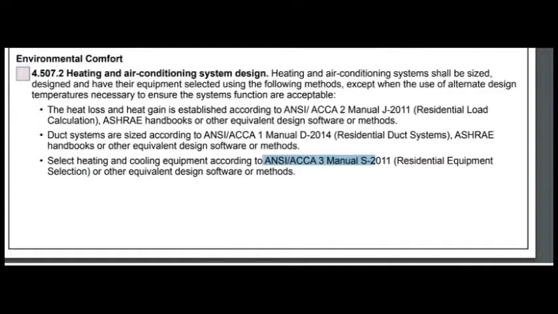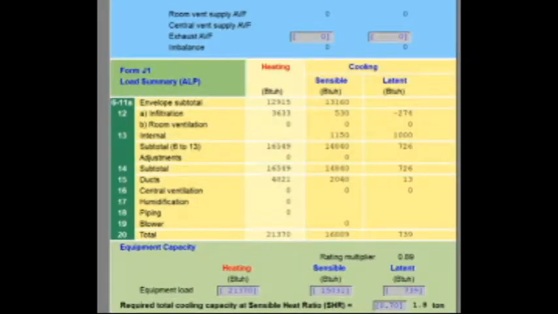So what you want to do here is use something like Right-Suite software, where we actually build an energy model of the building. We get the heat gain and figure out how much heating and cooling it actually needs. And after we do that, then we can design the ducts, which all goes together inside of the software.